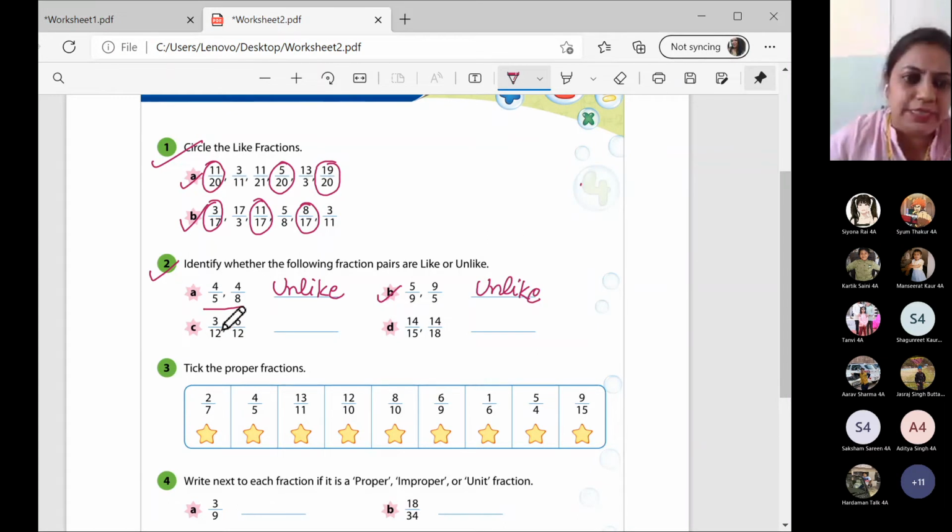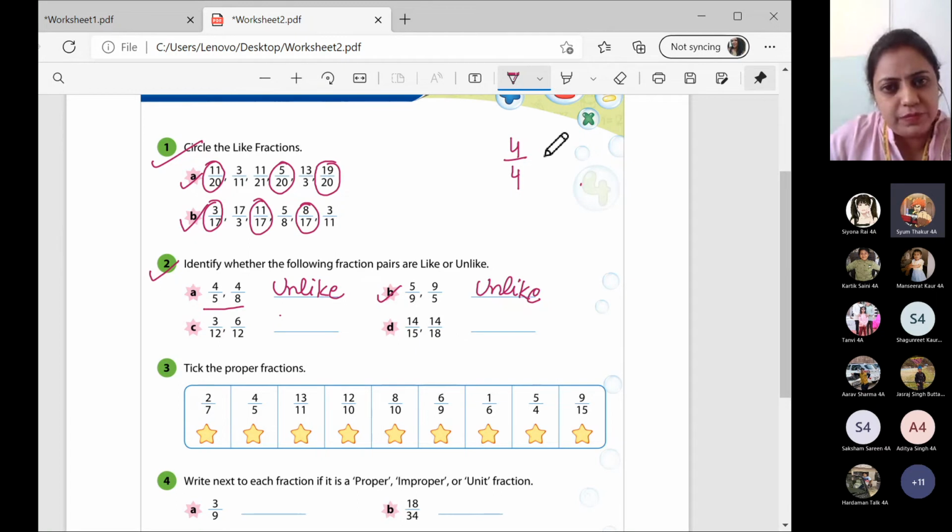Fractions with same numerator, and fractions with different denominator and numerator, both are known as unlike fractions. Yes, they are also unlike.